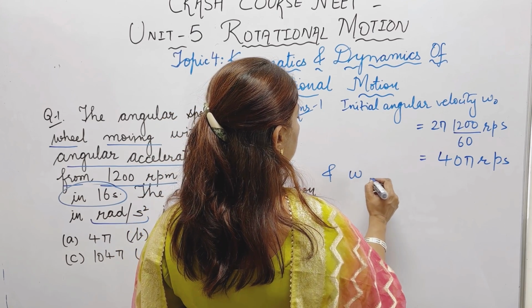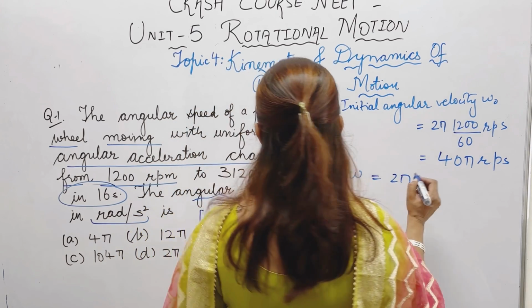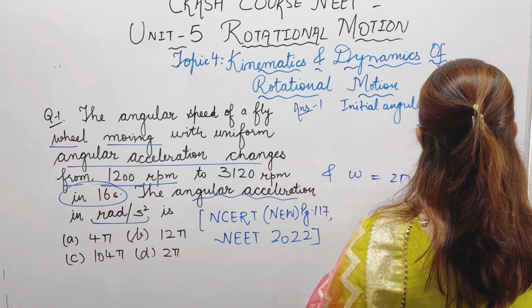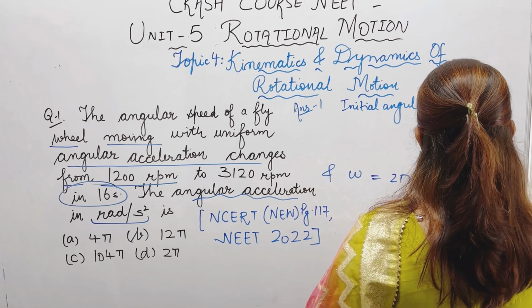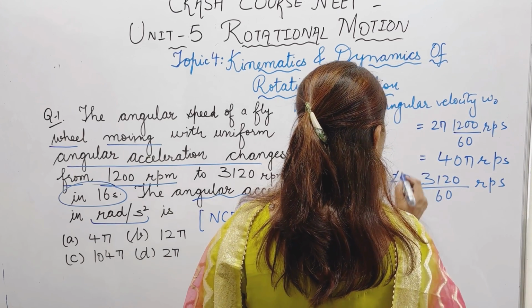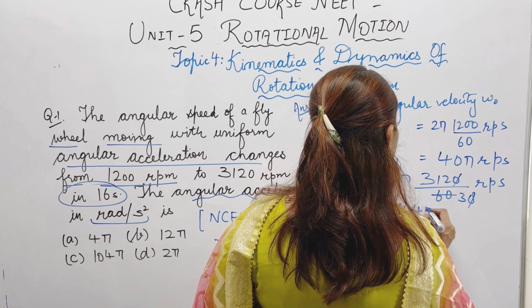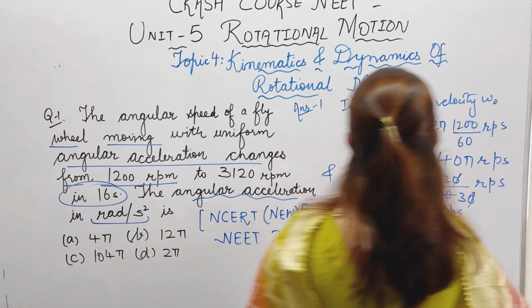And omega is given by 2 pi into 3120 upon 60 rps, and this value comes out to be 104 pi rps.